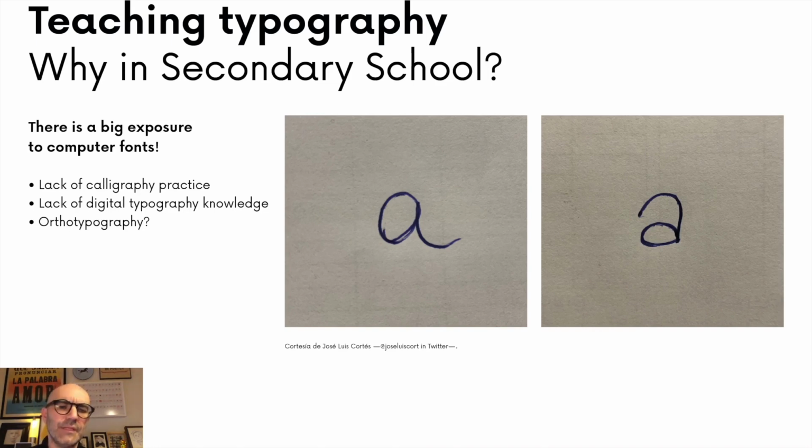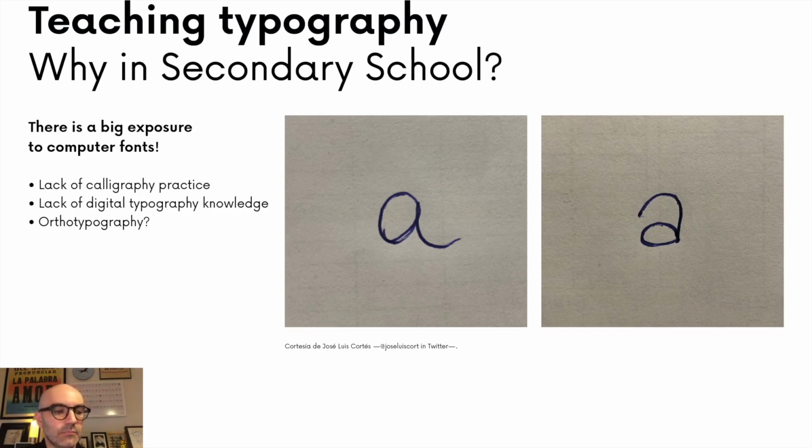Also, there is a lack of calligraphy practice. They don't write by hand in everyday life. Some secondary school students only do handwriting when doing an exam. Only then, right?